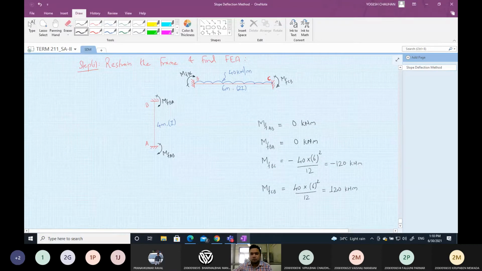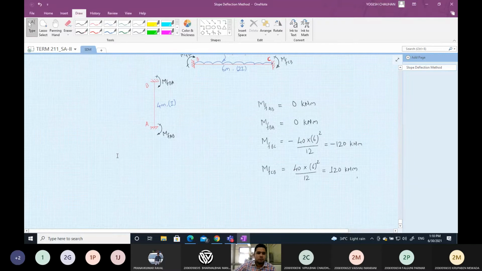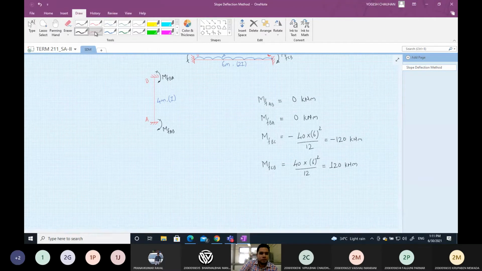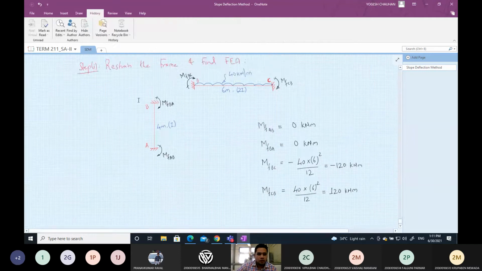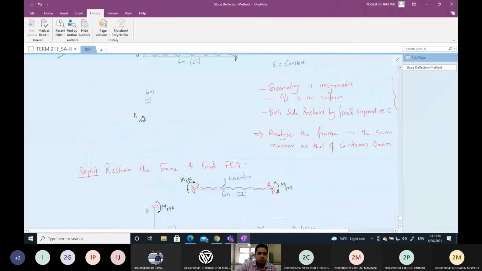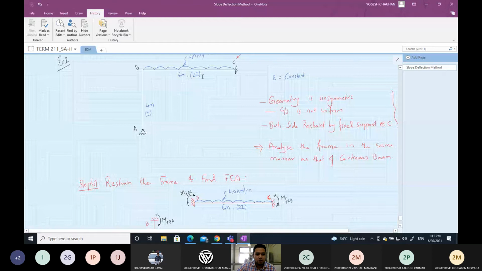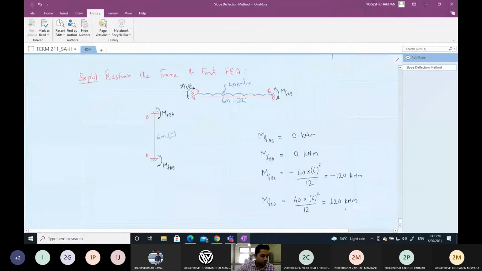Okay, now next step is to formulate the slope deflection equation. Note that here this is a beam support, so moment here will be 0, so we can use the modified slope deflection equation for segment AB, and for segment BC we'll use the standard slope deflection equation.